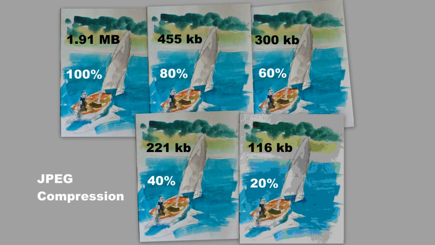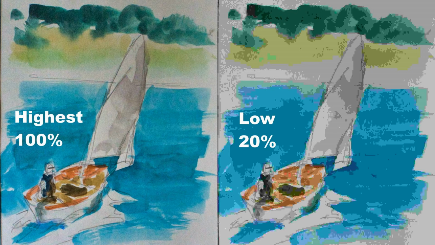At 40, you probably don't notice the difference in a small thumbnail, such as on the screen here, but once you get below 40, you can start to see the image quickly degrade. Once you compare an uncompressed with a heavily compressed file, you can see there's quite a difference, and the system starts to degrade very quickly at low file sizes or heavy compression.